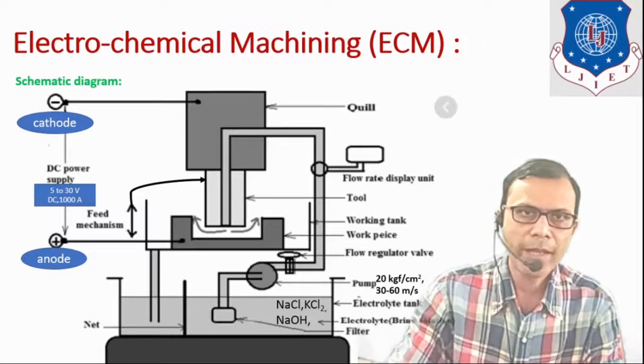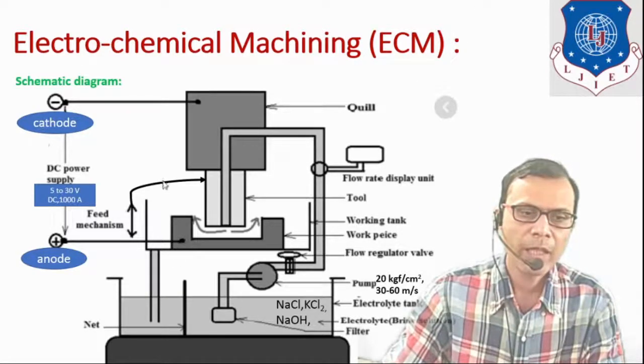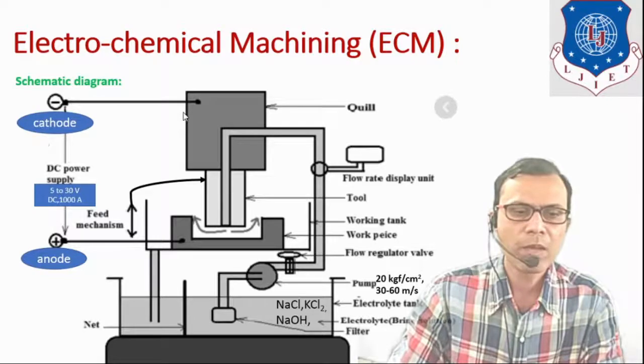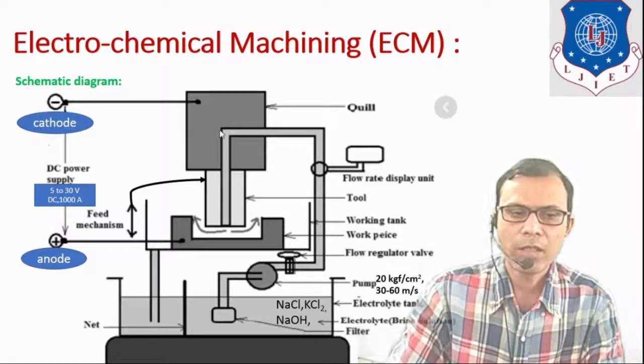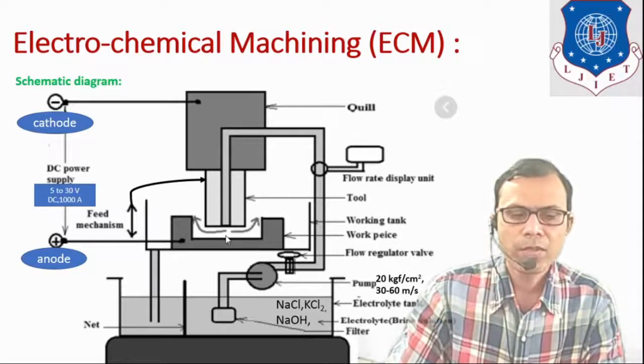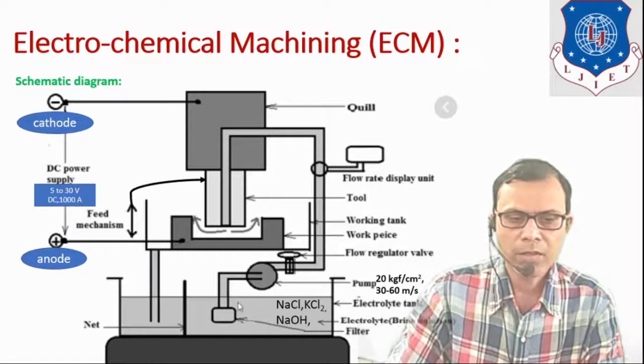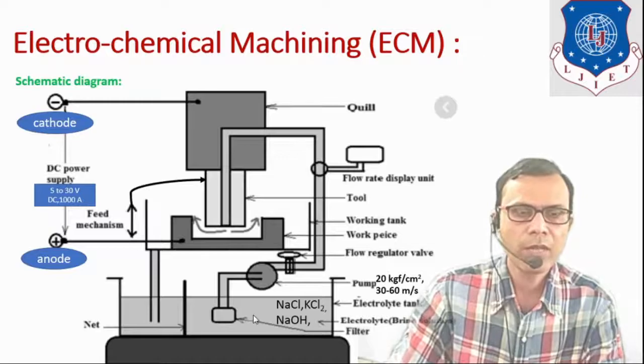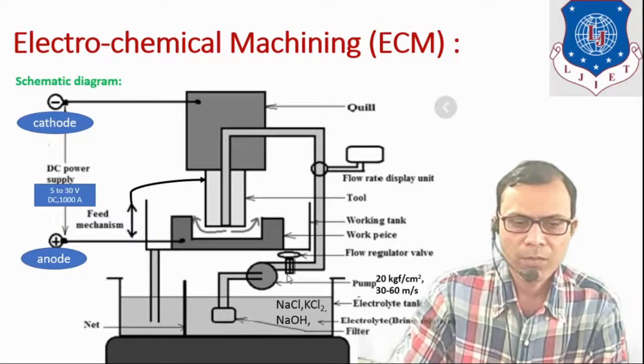So a schematic diagram is shown here. It also requires a DC power source, a cutting tool holder, cutting tool, a workpiece, then a reservoir for the electrolyte, pump, and flow regulating valve.